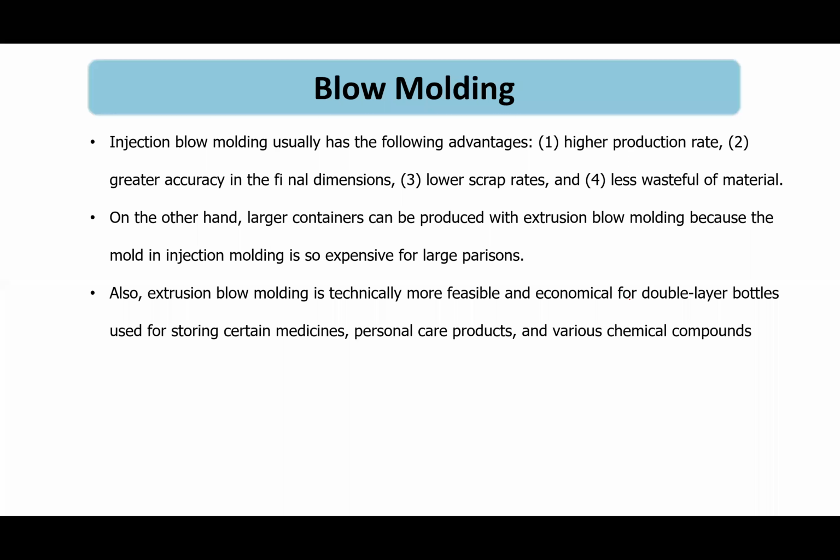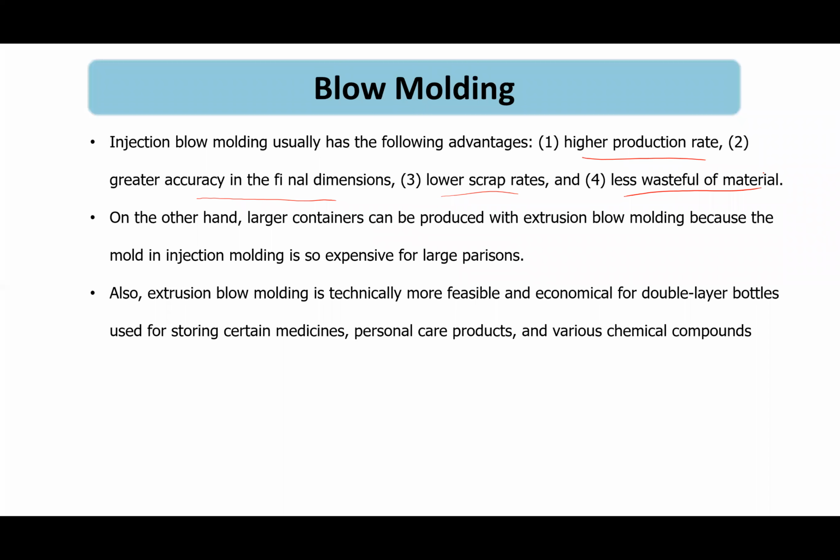Next, for blow molding, there are some advantages, like a high production rate, great accuracy in the final dimension, and a lower scrap rate. That means compared to injection molding methods, the scrap rate, meaning the defective parts, is lower, and it's less wasteful of material. The material waste is also less because there is no sprue or anything like that.